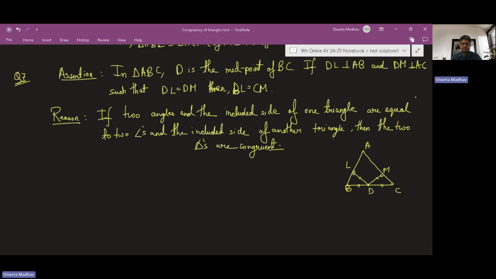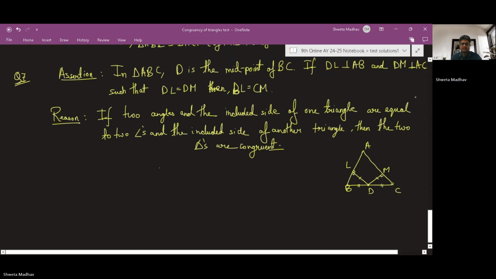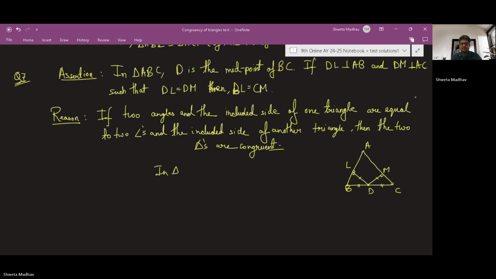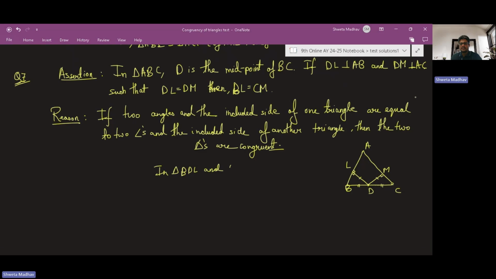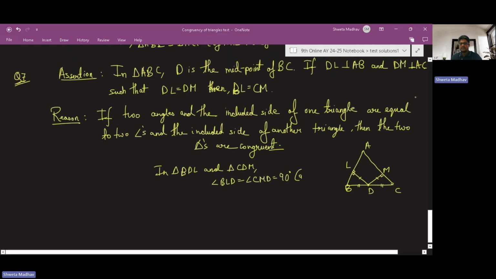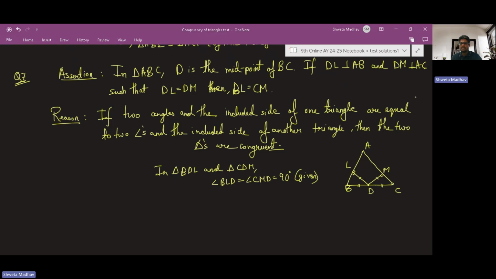So here I can say a triangle BDL and triangle CDM. Angle BLD, that is equal to angle CMD, is equal to 90 degrees, which is given that DL is perpendicular to AB and DM is perpendicular to AC.